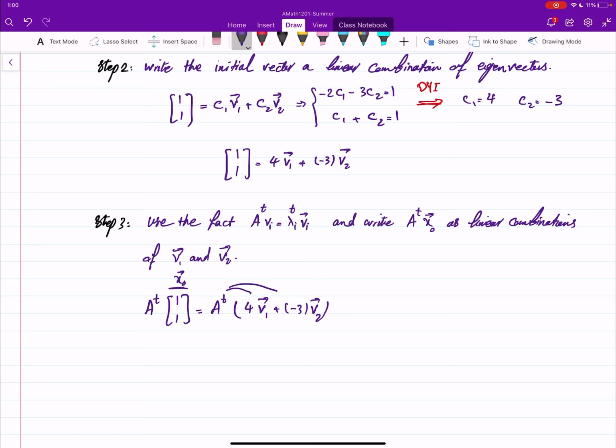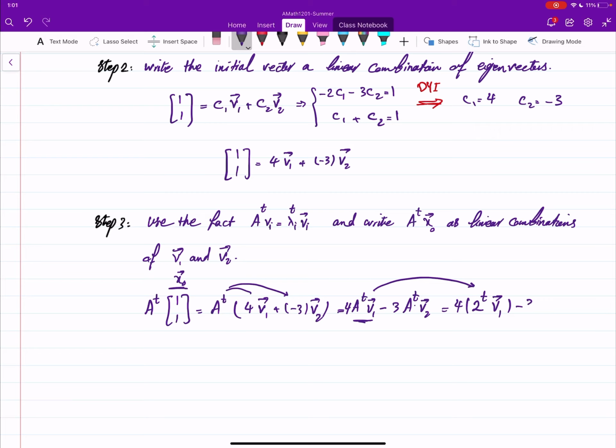Now you can multiply and expand inside, so you get A to the power t times 4 V1, which is the same thing as 4 A to the power t V1, minus 3 A to the power t V2. Now V1 is an eigenvector, so A to the power t V1 is nothing but 2 to the power t V1.